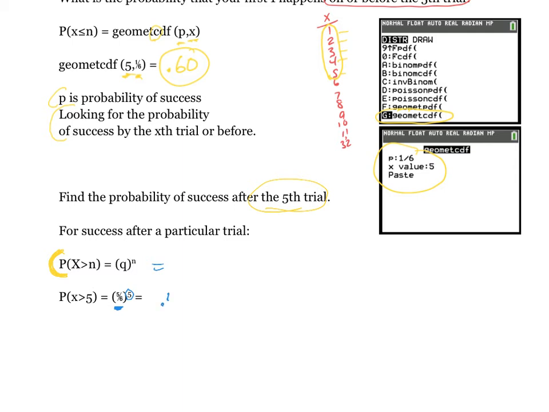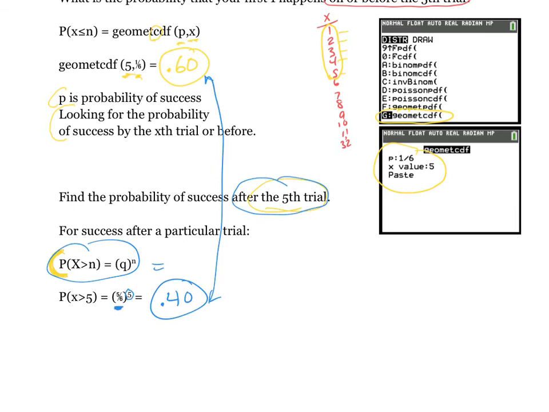And I get 40%. Which makes sense, I think, if you think about it, because the chance of getting it on the fifth or before was 60%, right? So fifth or before is a 60% chance. After fifth would have to be 40%, because everything has to add up to 100%. So that's just kind of a fun formula. In practice, if they say after the fifth, what I would do is use the geometric CDF formula for 5 and below, and then subtract it from 1. Okay.